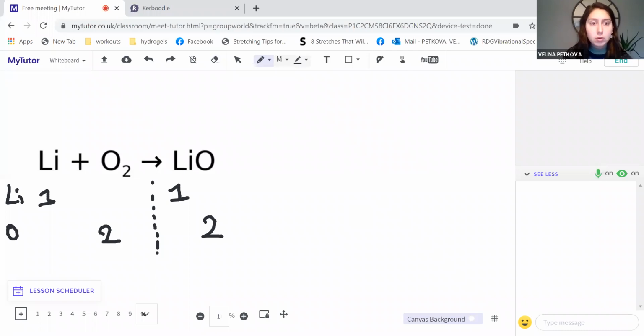However, how many lithiums do we now have on the right? 2 as well. So our lithiums are not happy. And as many of you have said, we do put a 2 in front of the lithium on the right. And that equation is perfectly content. Great input, guys. Lots of good answers.